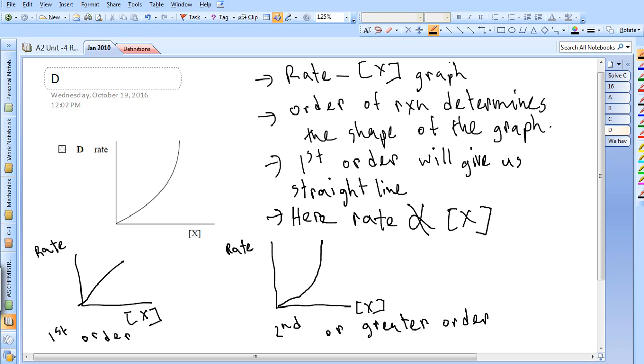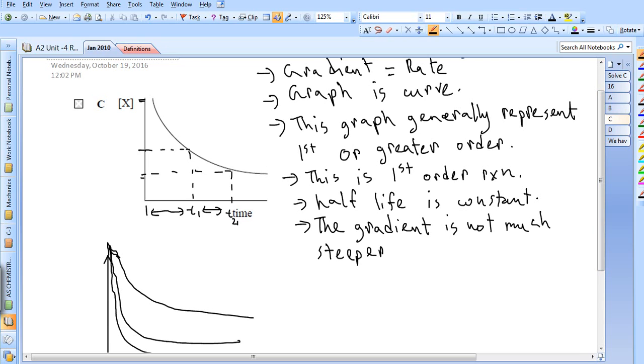So now let us see option C. Since this is the only option left, this curve might represent first order.